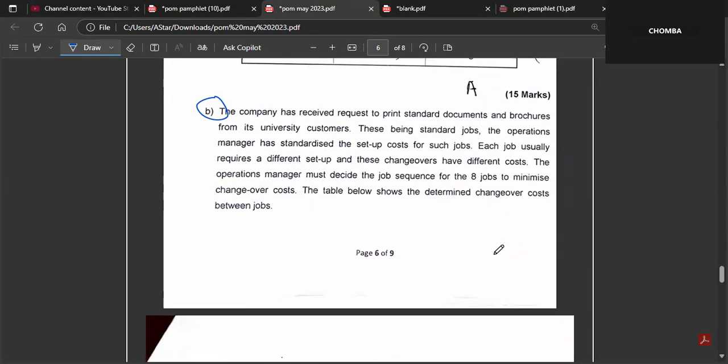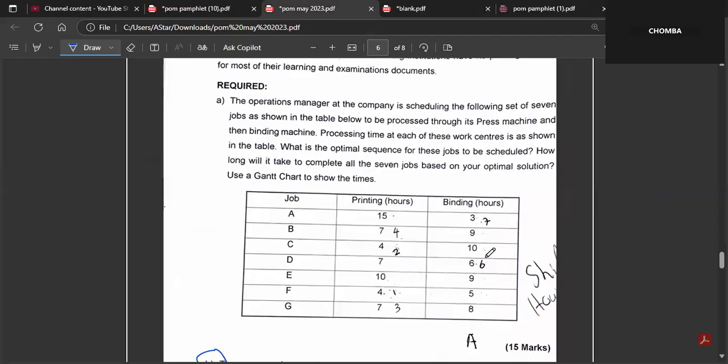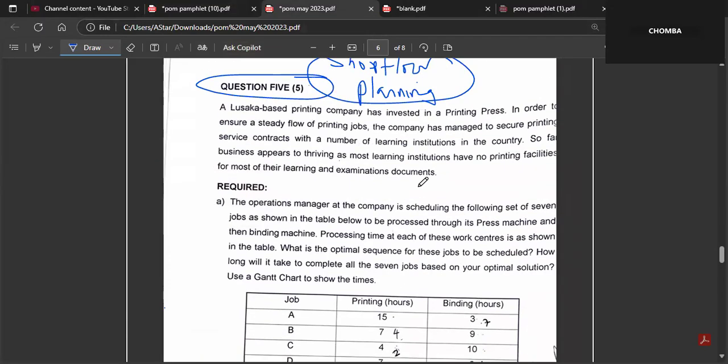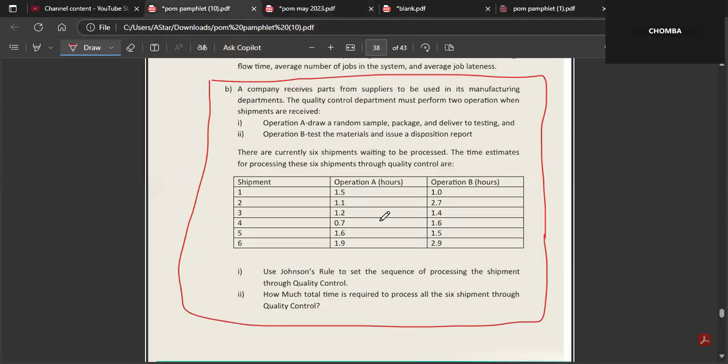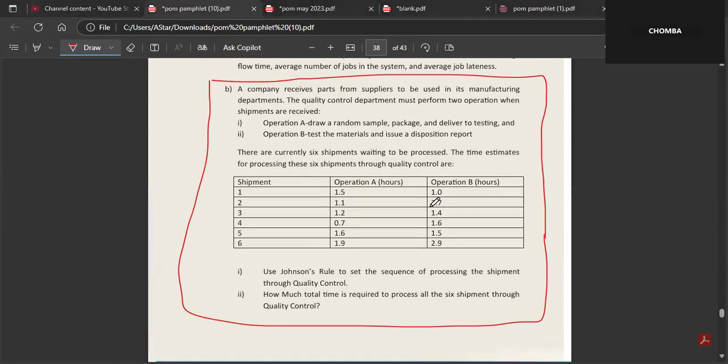Usually this one carries more marks than the other one. I don't know which one you would want us to do. Can we do this one or the other one? Let's do this one.